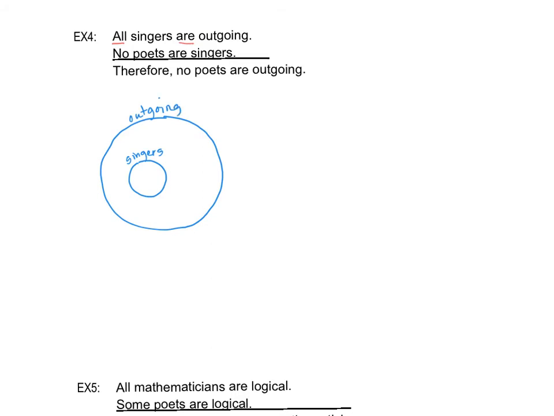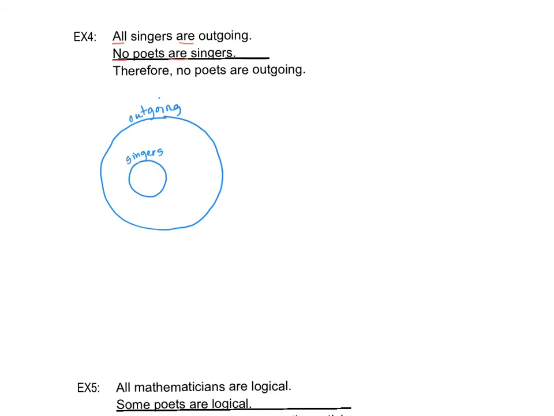Okay, no poets are singers. So the only requirement there is that poets cannot touch singers. Notice that that second premise doesn't say anything about being outgoing. So maybe I'll do it in a different color. Maybe I'll do it in yellow.